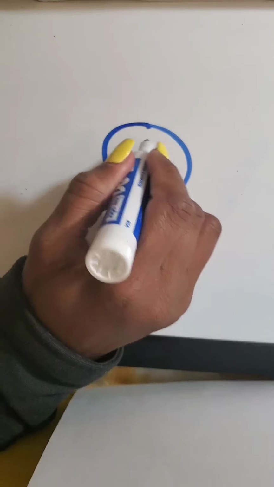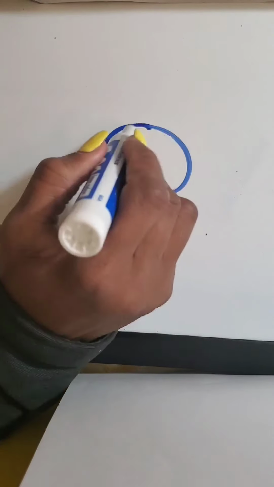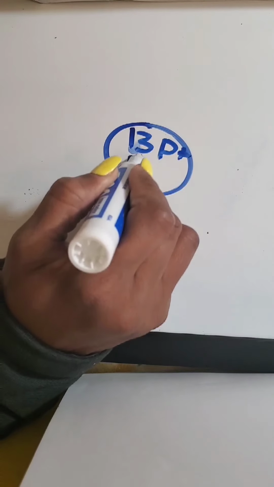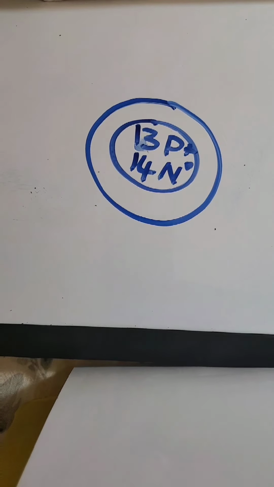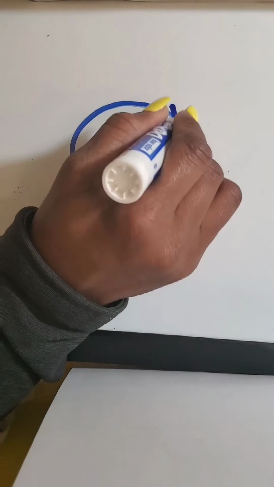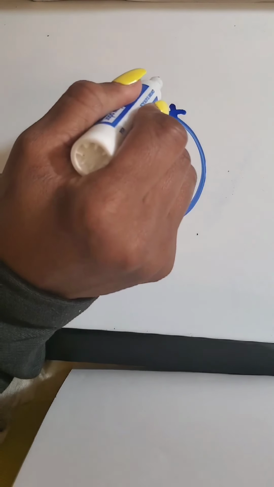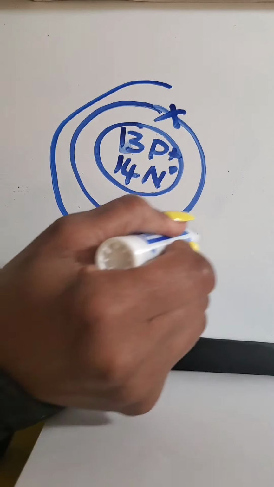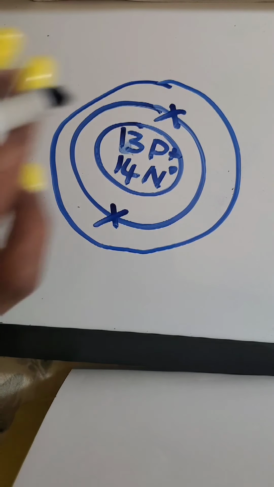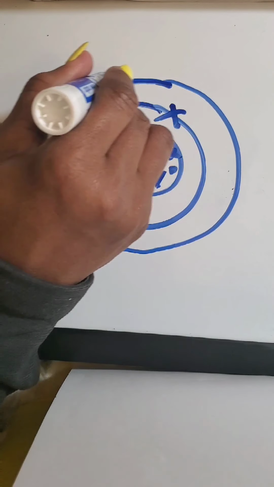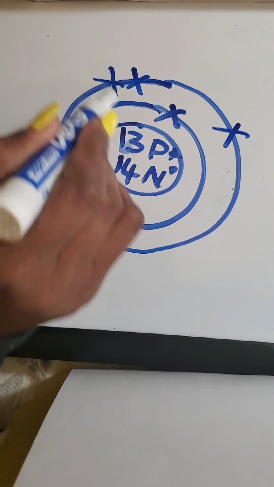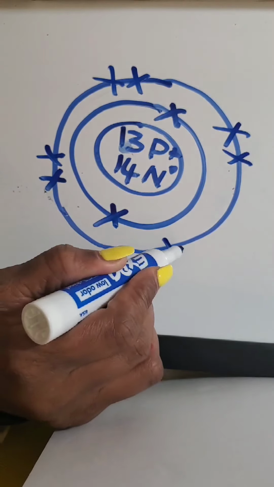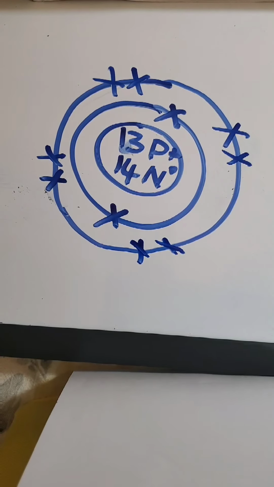And let's represent that. So we have our nucleus here, 13 protons in the nucleus, 14 neutrons in the nucleus. Our first shell can hold a maximum of 2. Second shell can hold a maximum of 8. So we go 1, 2, 3, 4, 5, 6, 7, 8. And then we have 2 plus 8, that's 10, but we want 13.